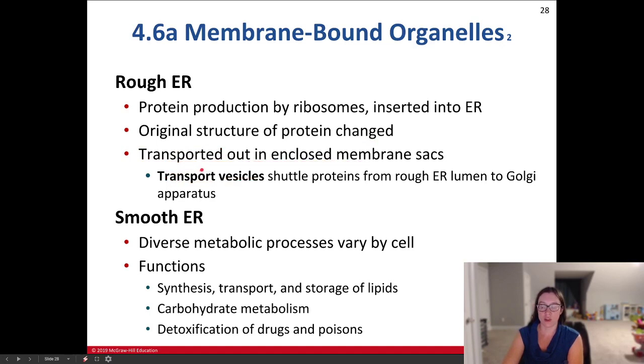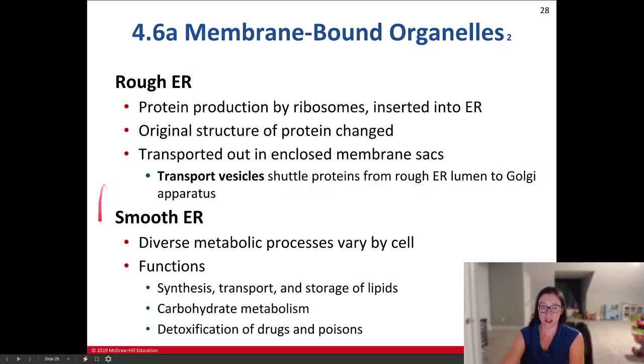Transport vesicles, these tiny baskets surrounded by a phospholipid bilayer, carry those proteins and shuttle them from the rough ER to the Golgi apparatus. So the rough ER takes the proteins made by the ribosomes, changes them, gets them ready, and ships them out to the Golgi.